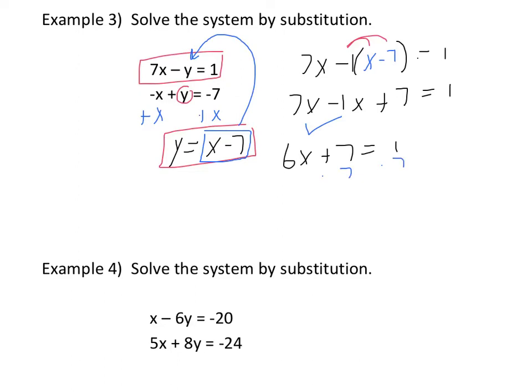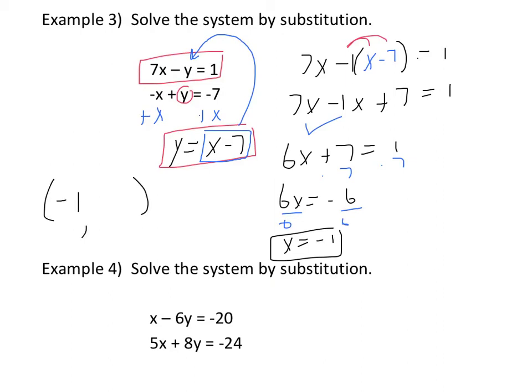Subtract 7, and 6x equals negative 6. Divide both sides by 6, and x equals negative 1. Remember, we're looking for a coordinate, and we just found out what x is.